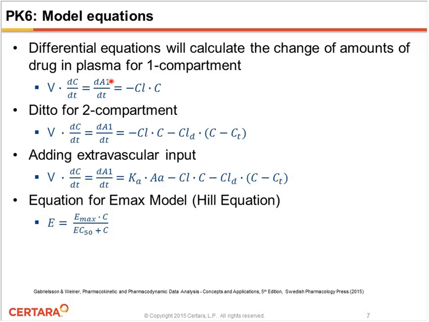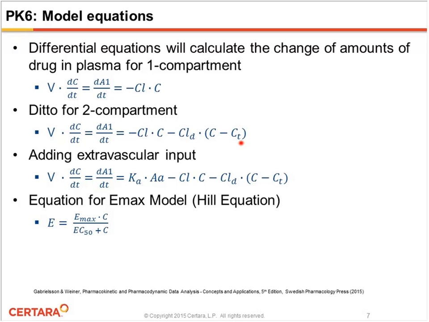When we switch from one compartment to a two compartment, there's just another expression added to this. So this is the former one, the elimination through the clearance, systemic clearance, and then we've got an intercompartmental clearance, that is the CLD value times the concentration of the central compartment minus the concentration in the peripheral compartment.